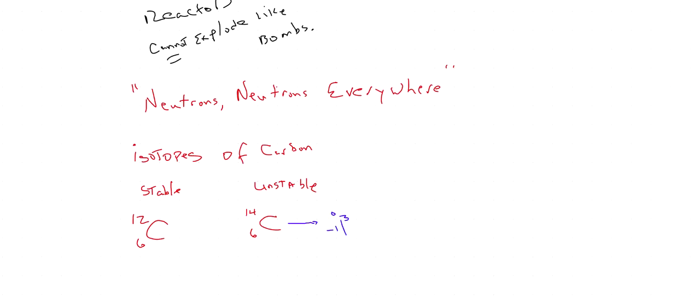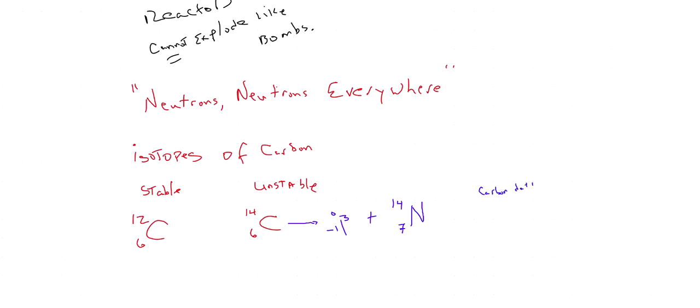So if we add up the top, it has to be 14, because 0 plus 14 is 14. On the bottom, it's got to be 7, because 7 minus 1 is 6. And so this is now nitrogen. This is used in what's called carbon dating.